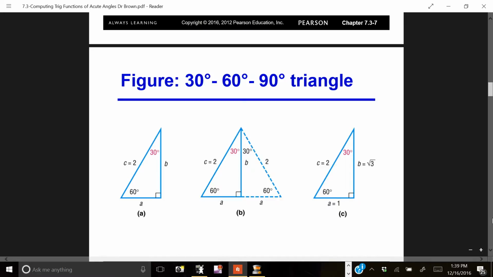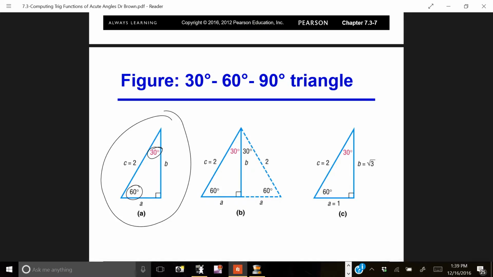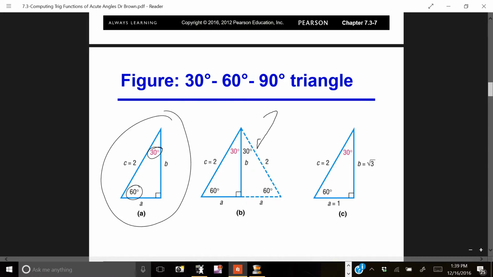The 30-60 triangle looks like this, with the larger acute angle equal to 60 and the other one being 90 minus 60 equals 30 degrees. And let's draw another triangle adjacent to the first triangle that is identical except oriented in the other direction.